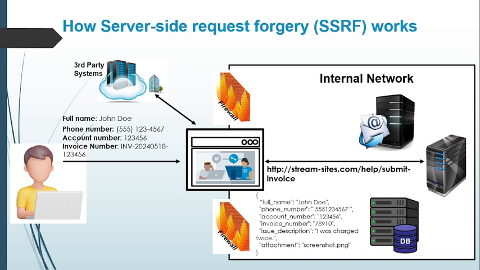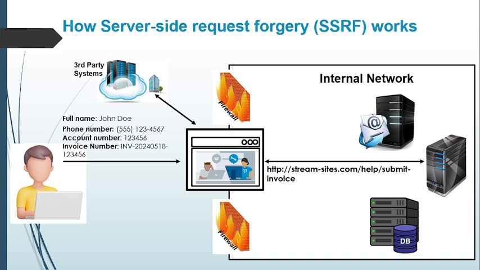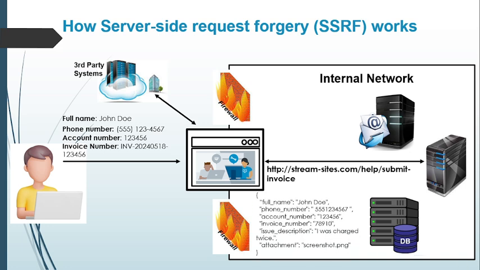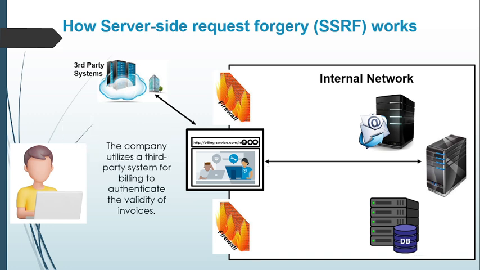The user is going to share, for instance, the full name, the contact number, an account number, and the invoice number. Once this action is performed, the server will retrieve this information in JSON format, as you can see here in the image. Once the server processes that information, let's say the company utilizes a third-party system for billing to authenticate the validity of the invoice.